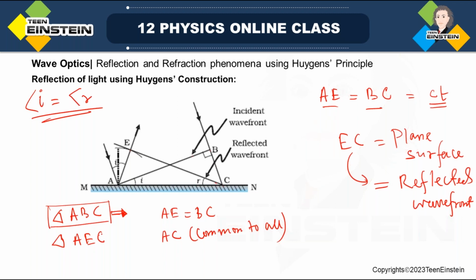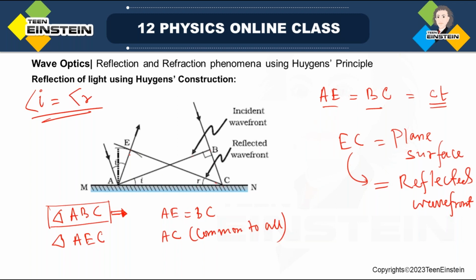Then the third, other angle will also be equal. That is what we are going to do now. So we have to show triangle ABC and triangle AEC to be similar triangles.